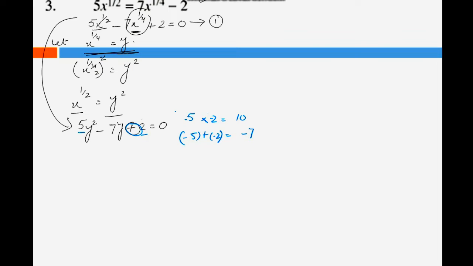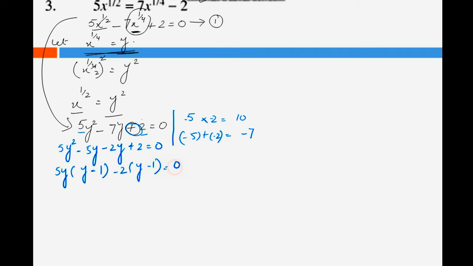So 5y square minus 5y minus 2y plus 2 is equal to 0. Let's take 5y as common. It will be y minus 1, minus 2 times y minus 1 is equal to 0.